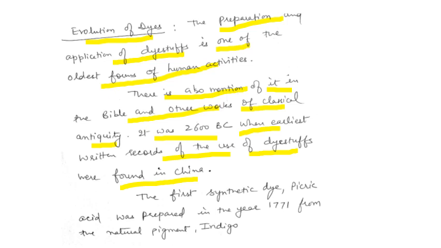The first synthetic dye, picric acid, was prepared in the year 1771 from the natural pigment that is indigo. Indigo is a plant, and from that the first synthetic dye which was prepared in 1771 was picric acid.